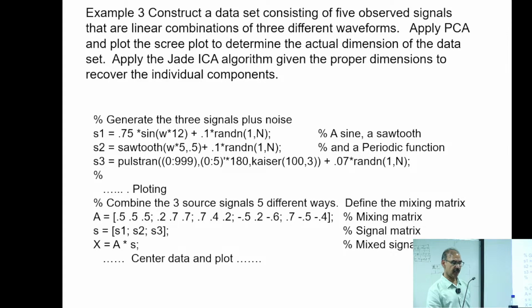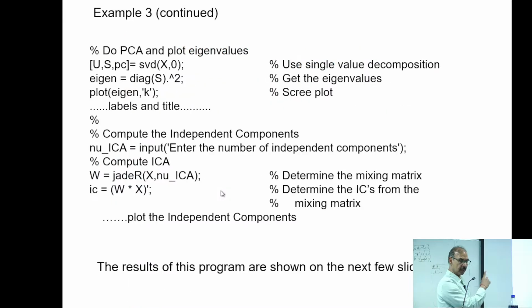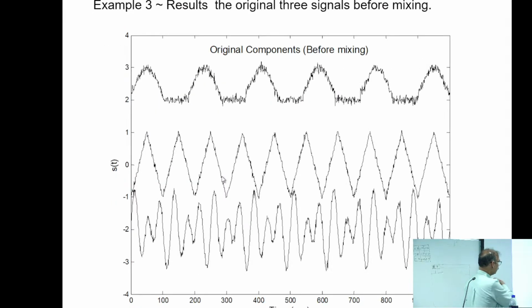Right. So in this case, again, a very similar example. We have a sinusoidal signal and a triangular signal, and we randomly add them up. These are the different original components before mixing, and then we add them up like before.